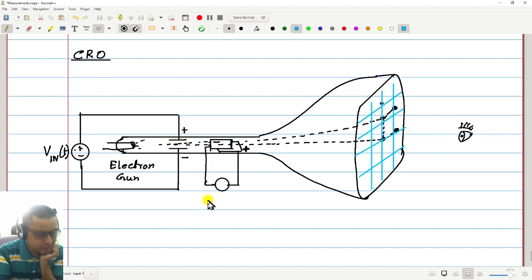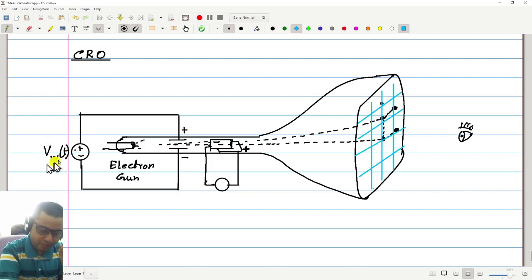But oscilloscope is not used only to measure a voltage, because for that we have a voltmeter already. Oscilloscope can actually display the waveform of a time varying voltage, and that is the main purpose of an oscilloscope.